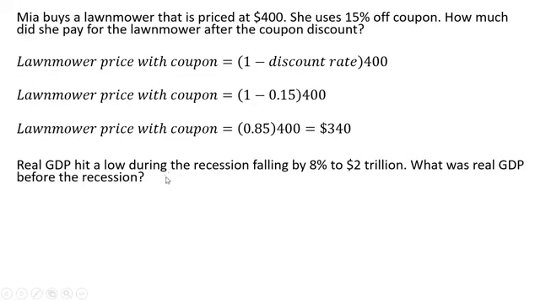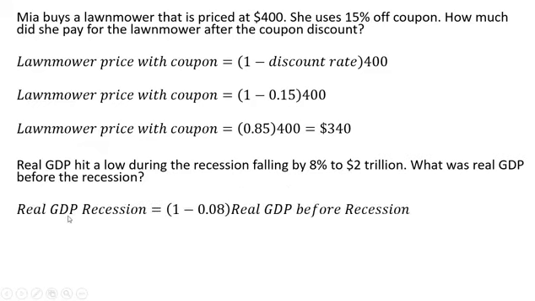Real GDP hit a low during the recession, falling by 8% to $2 trillion. What was real GDP before the recession? So real GDP during the recession is going to equal 1 minus 0.08 times real GDP before the recession.